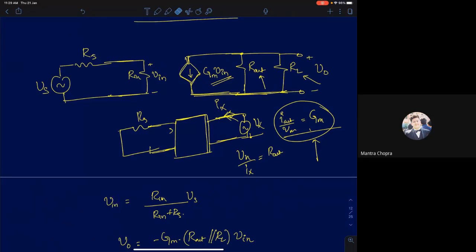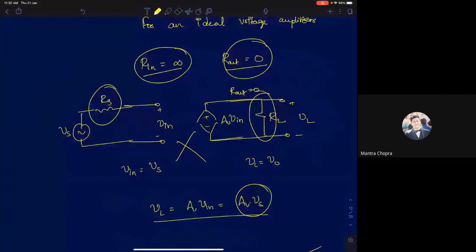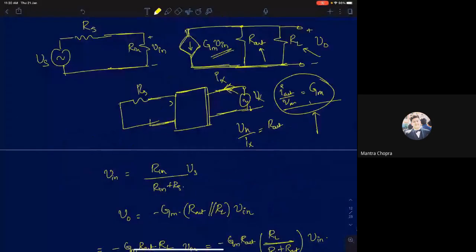Naturally, if you see a MOS amplifier or a BJT amplifier, we never get them in the form of a voltage amplifier. Mathematically, if you model a BJT or a MOSFET, it will never reduce to a model like this. If you actually mathematically model your MOSFET and BJT, it will reduce to a transconductance model like this.